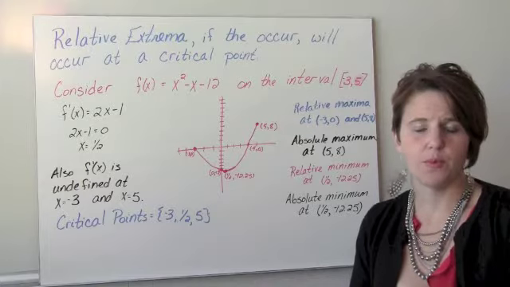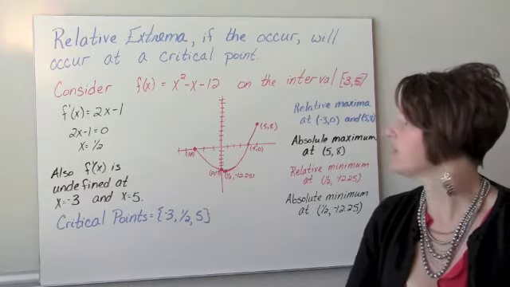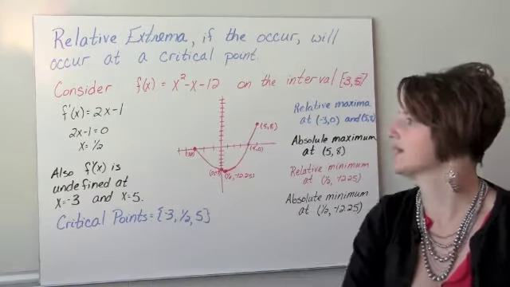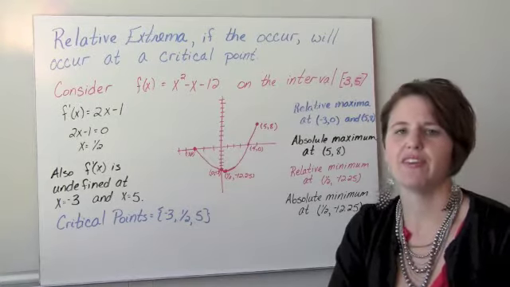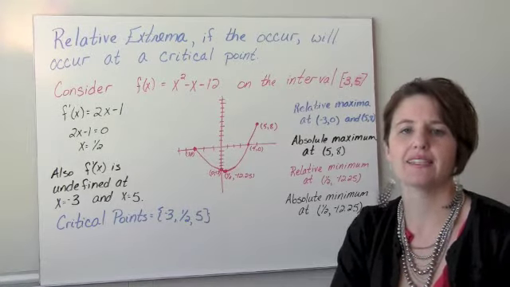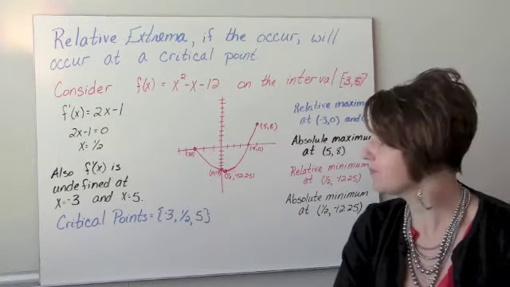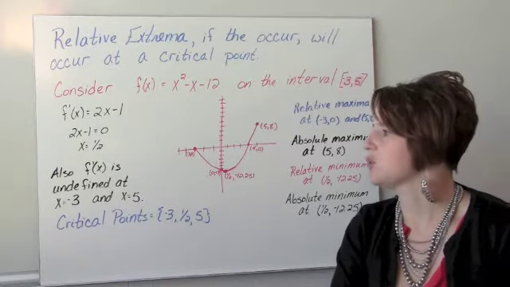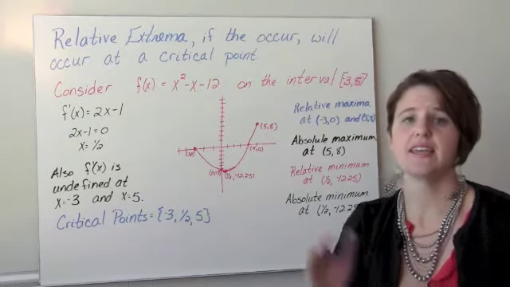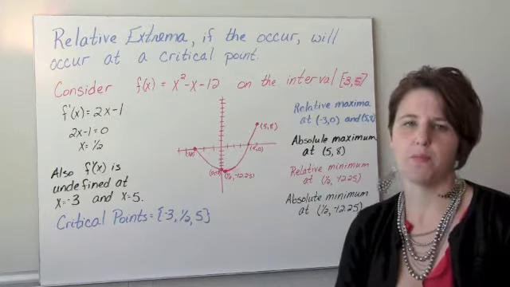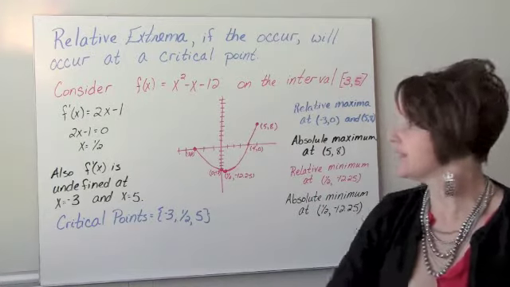To find critical points, we would take the derivative, and the derivative of our function is 2x minus 1, and the derivative equals 0 when x equals 1/2. We also know that the derivative is undefined at the endpoints of our domain, so at -3 and at 5.